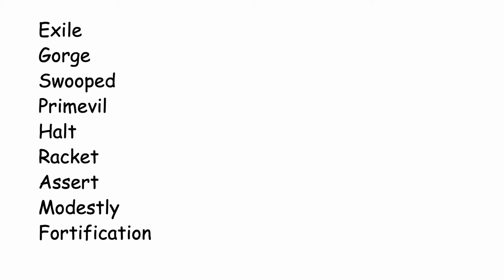So, the words I have are exile, gorge, swooped, primeval, halt, racket, assert, modestly, and fortification. So what I would like you to do now is pause the video and quickly write those words down.